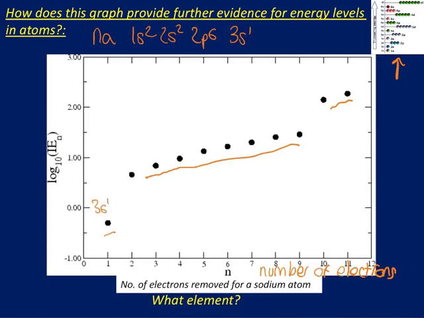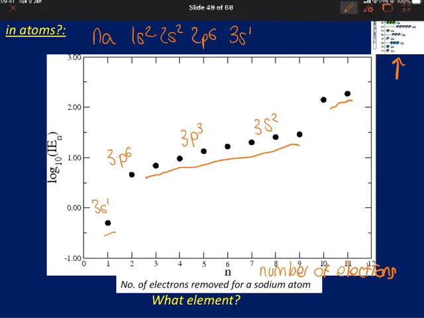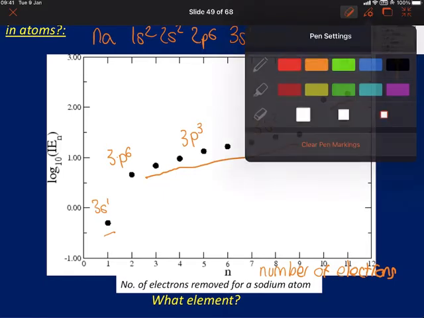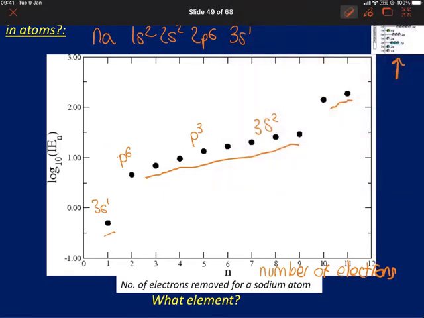This must be 2p6, and this must be 2s2. So we're working backwards. Am I incorrect in this? I am incorrect in that, so I apologize. Let's just rectify that. This is obviously energy level 2. So this is 2, 2, and 2, and here this must be 1s2.